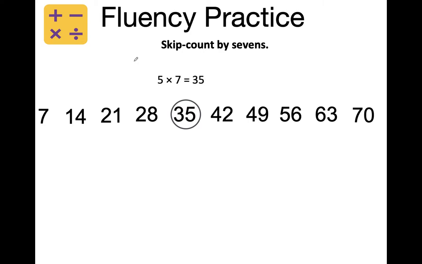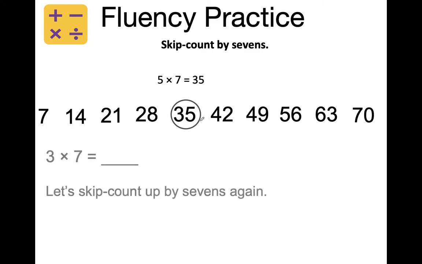If you said 5 times 7, which equals 35, you are correct. Notice we are counting by sevens, and we can actually look at what number in the sequence is 35. We could say, okay, it's not 1, we go 1, 2, 3, 4, 5. It's the 5th number in the sequence, so 7 times 5 is 35.